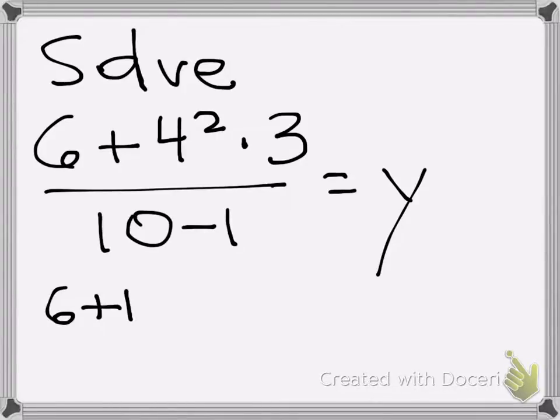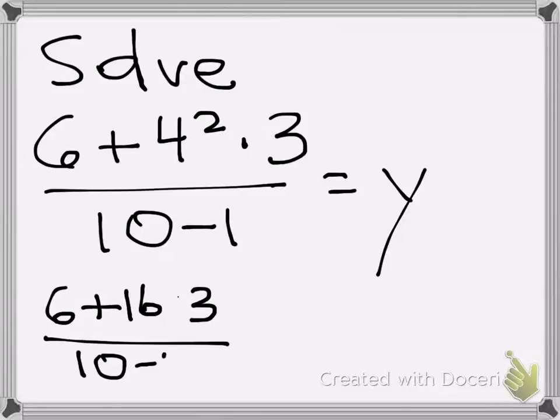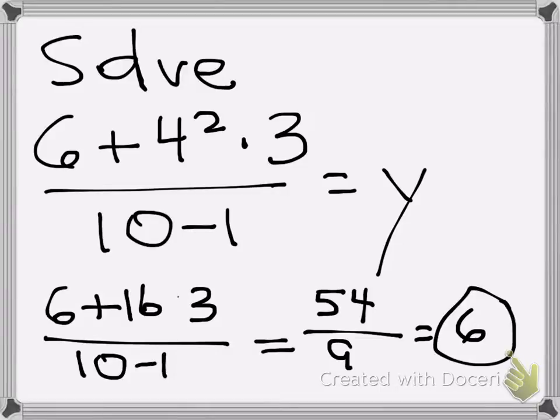I get 6 plus 16 times 3. If I do order of operations here on the numerator, I'm going to get multiplication before addition. So 16 times 3 is 48. 48 plus 6 is 54. And then 10 minus 1 is going to give me 9. So then I finally divide at the end. So 54 divided by 9 gives me 6.